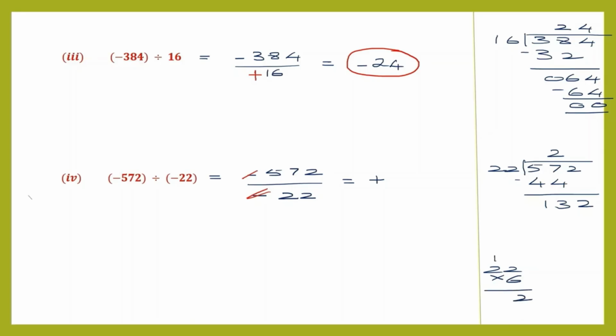Carry 1. 6 twos are 12 plus 1, 13. That's 132. So we've got that number. So 22 into 6 is 132. So when you minus, your remainder is 0. So we've got our quotient. Our quotient is 26. So this is our final answer. Plus 26 is the final answer.